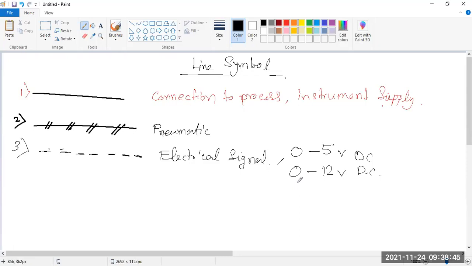And sometimes 4 volt to 24 volt, etc. is used. Sometimes 0 is not used, and another voltage is used for the higher range, because if your line is broken or cut anyhow, then also it gives 0.